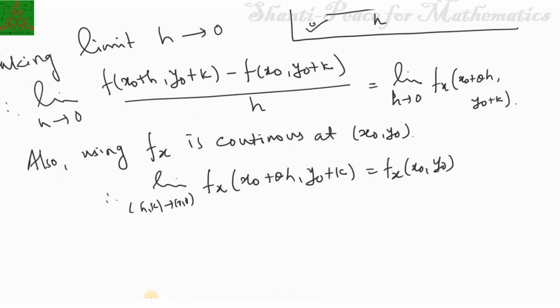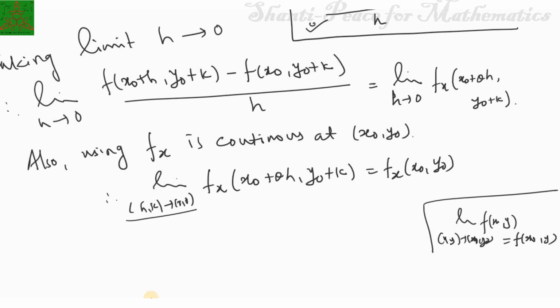Due to continuity we can say this, because you know that if f is continuous, the limit of f of (x, y) is nothing but f of (x0, y0) as (x, y) tends to (x0, y0). Here we have (h, k) tends to (0, 0), so I can take the limit inside.